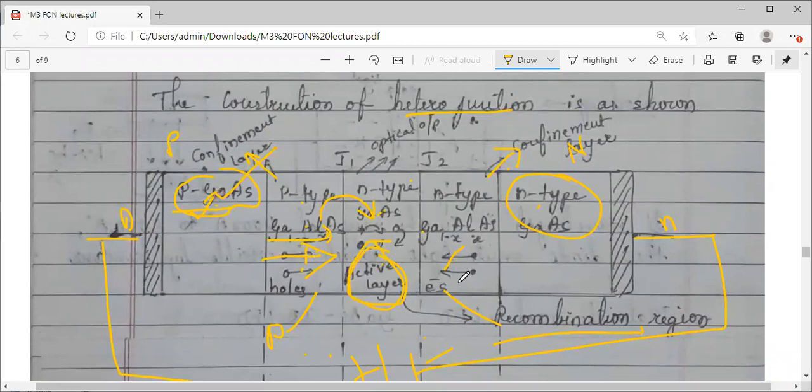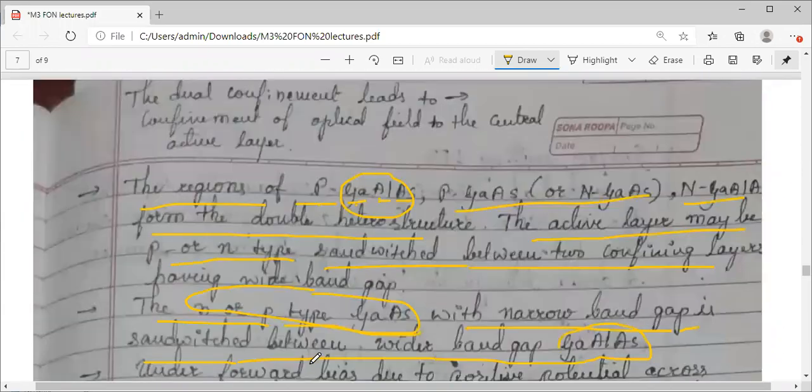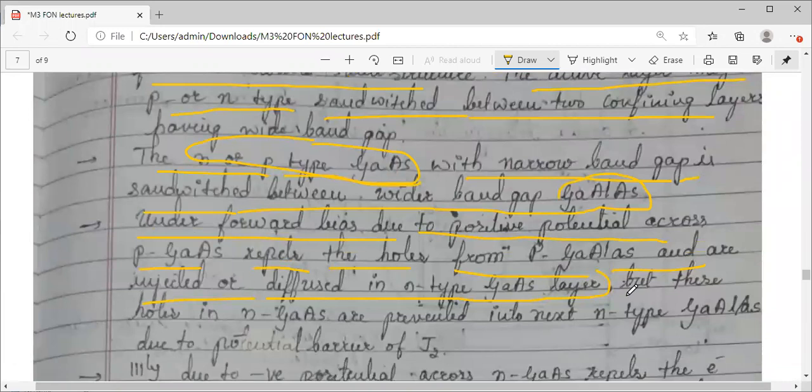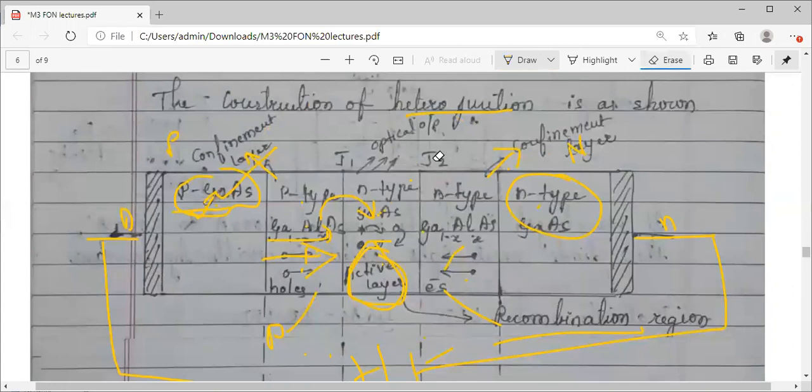So I am talking about the holes now. Talking about the electrons also, I will explain. However, first the positive side, what is happening, we will see. Further, these holes present in the active layer, why are they prevented from moving into the next layer? That may come into your mind.